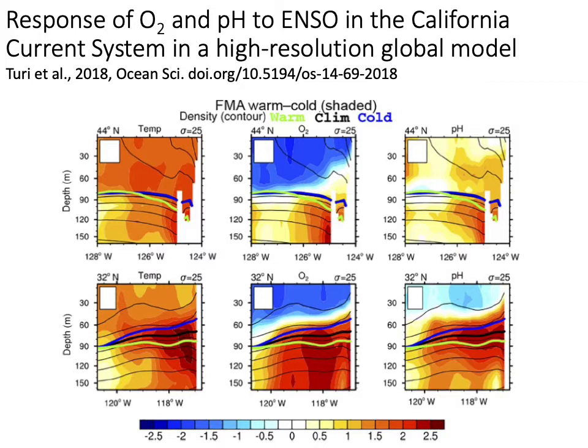Now, these are examples where the ability to ingest information into the model is extremely limited by the ability of the model to represent the relevant processes.